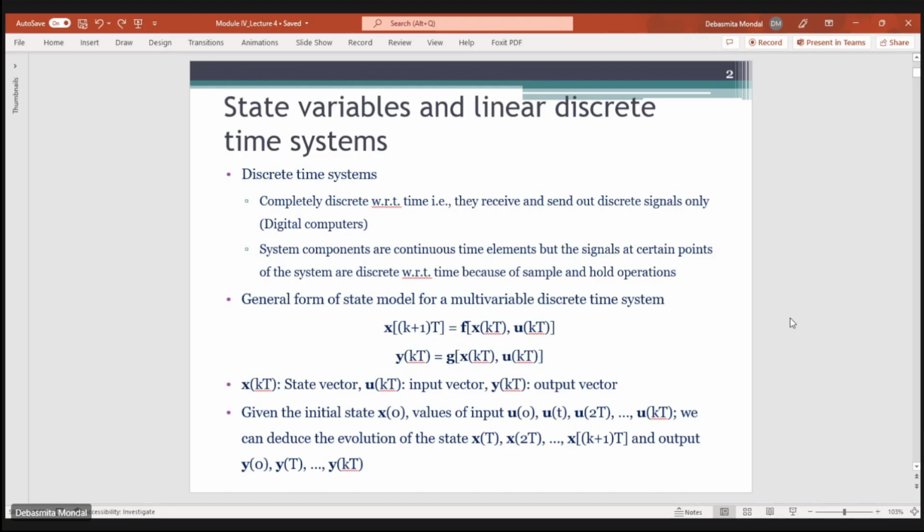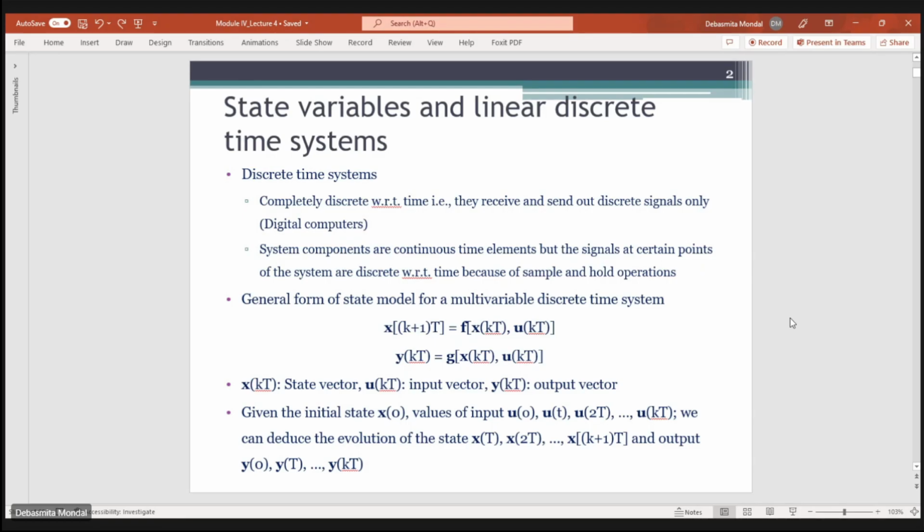On the left hand side you have x dot, the first order derivative of each of the state variables. And you have the corresponding effect of the input, given by the Bu term.